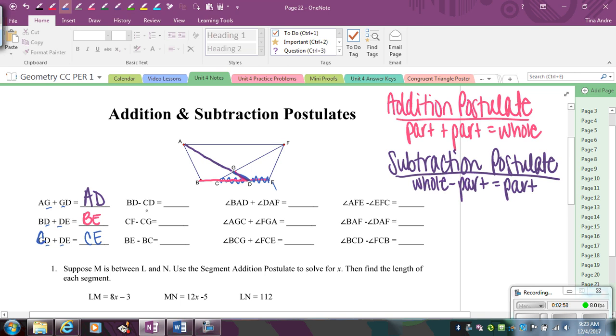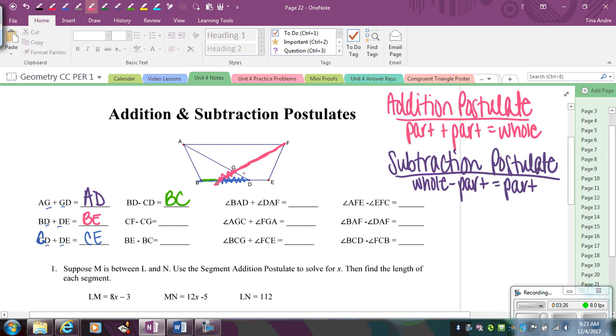So then the next one here, let me erase what I have marked here. We're going to take this whole thing, so we're going to take BD, and now we're going to subtract off CD. That means what I'm left with is this piece right here. I'm left with BC. The next one here, we're going to take CF, which is this whole thing here, and we'll get rid of CG.